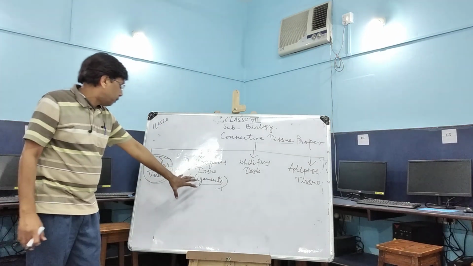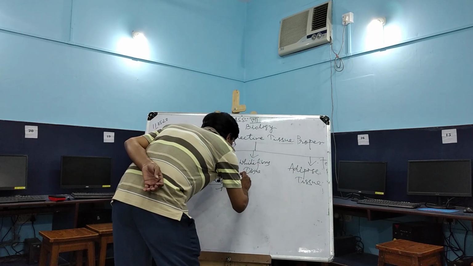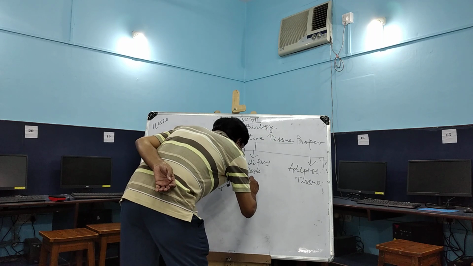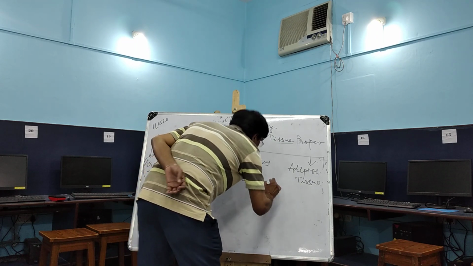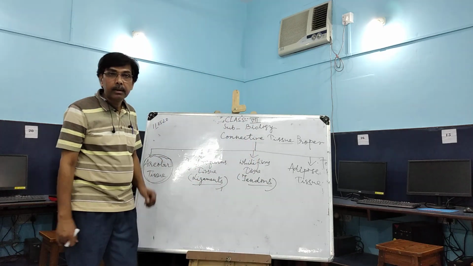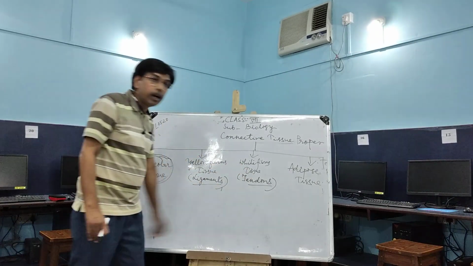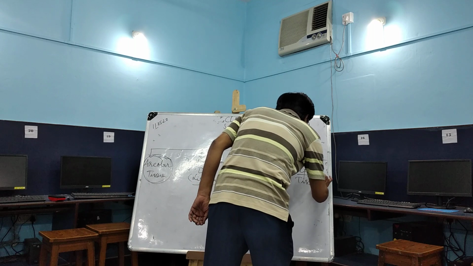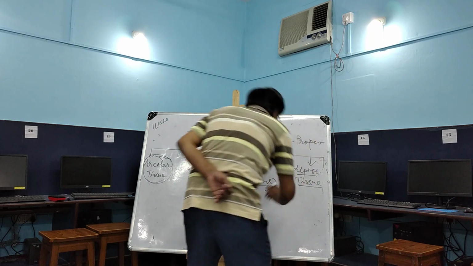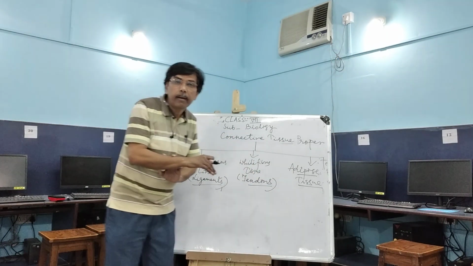White fibrous tissue is found in tendons, which connect your muscles to the bones. And adipose tissue is primarily located beneath the skin.